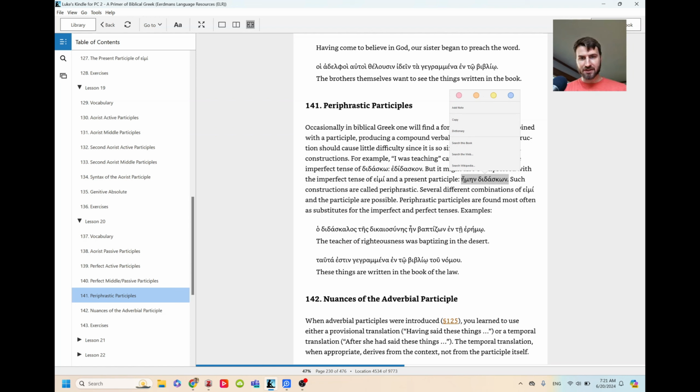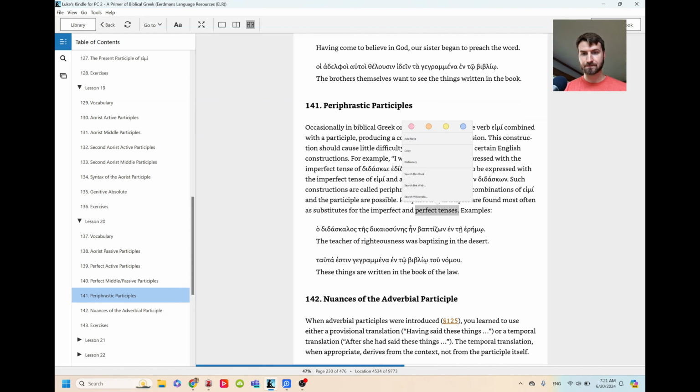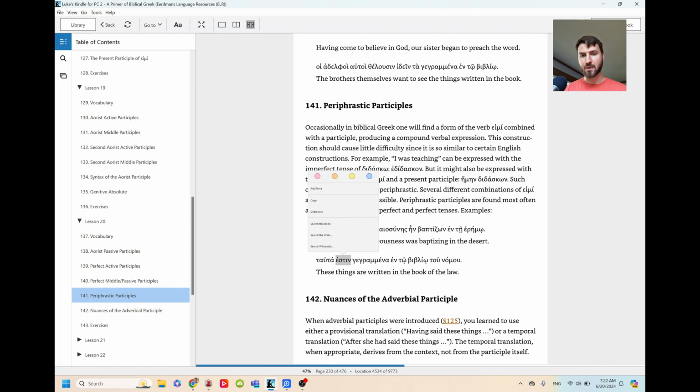The one that's a little different is the periphrastic participles are often used for the perfect tense. So here you will have a present tense, eimi, with a perfect participle. And you can just translate it as perfect. So here they have it translated, these things are written in the book of the law.